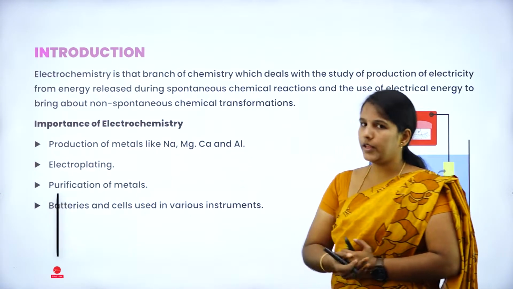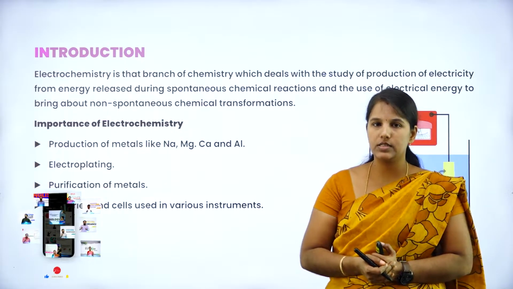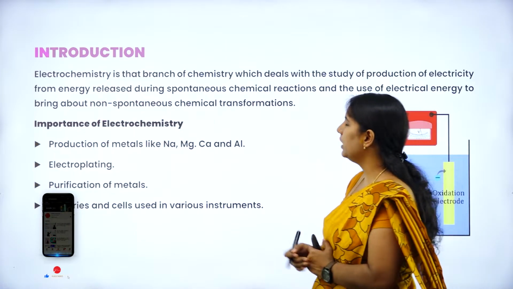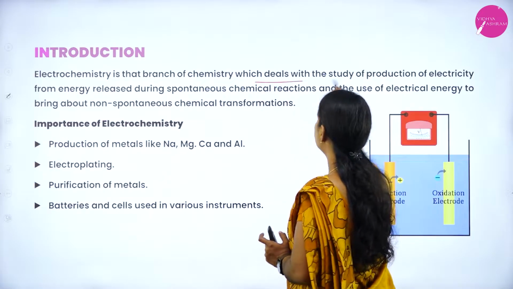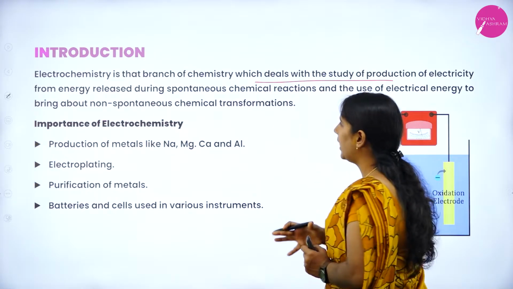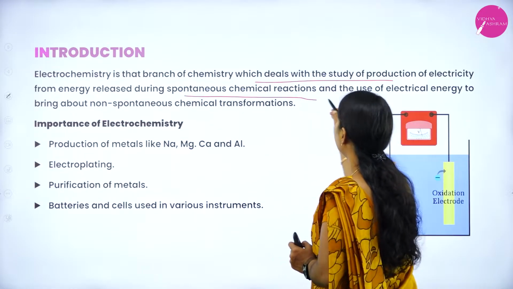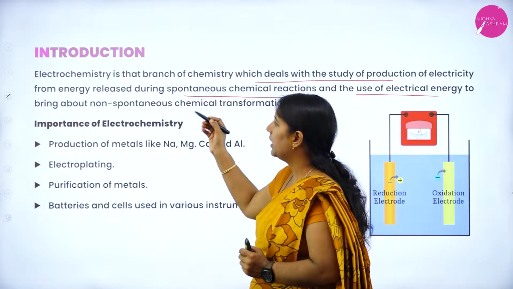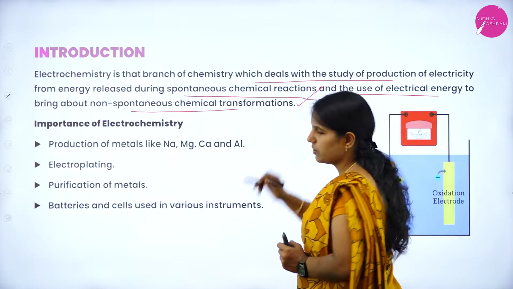Before starting with the Electrochemistry chapter, let us see what we are going to understand about this unit. Electrochemistry, we all know, is a branch of chemistry which deals with the study of production of electricity from energy released during a spontaneous chemical reaction, and this electrical energy brings about non-spontaneous chemical transformation.